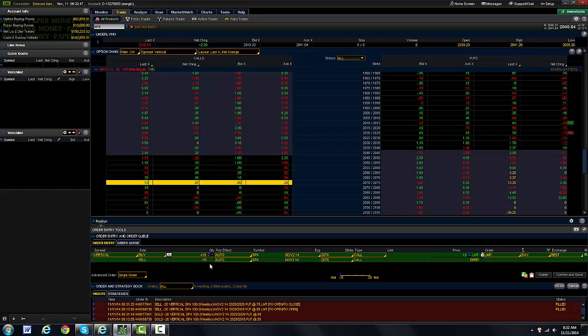Right now it came up as a buy, so you want to change that immediately to sell. Usually these are colored on the platform so that you don't make a mistake, but you need to check that and make sure that you're on the right side of the equation. Quantity again, we'll put in 20. Same expiration.